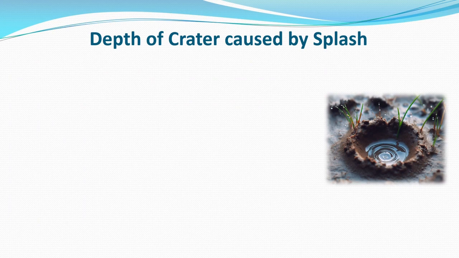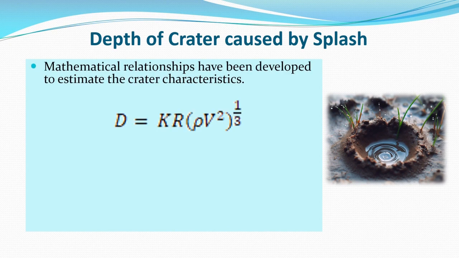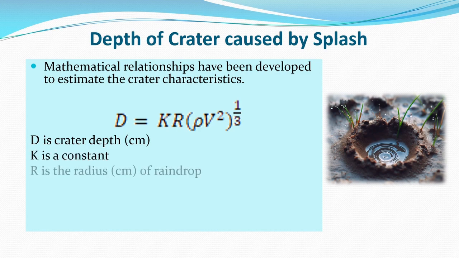Depth of crater caused by splash. Mathematical relationships have been developed to estimate the characteristics of crater. D equal to K R rho V square raised to 1 by 3, where D is the crater depth in centimeters.